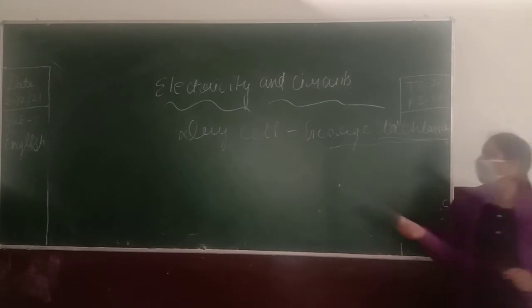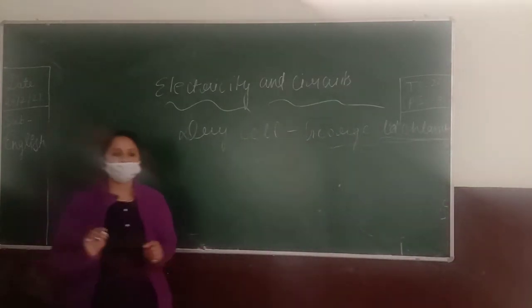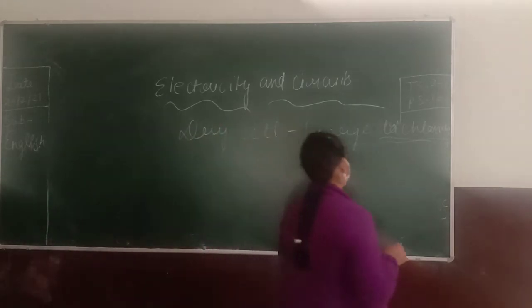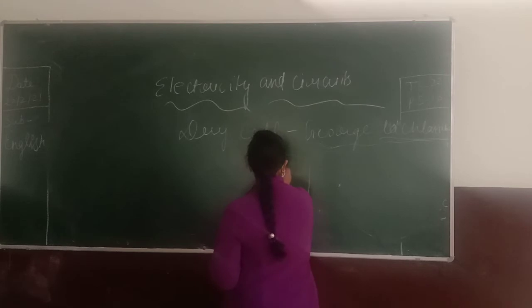Now students, let me explain the structure of the cell. First of all, let me draw a diagram. This is a very thick shell, but for your sake I am showing what is inside it. With the positive terminal there is a rod.